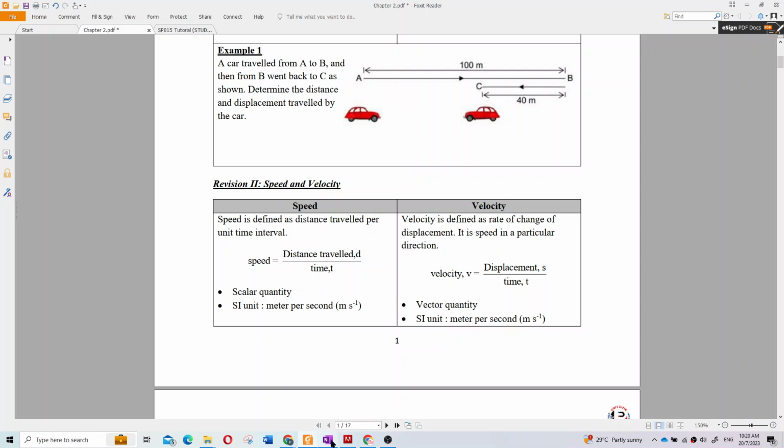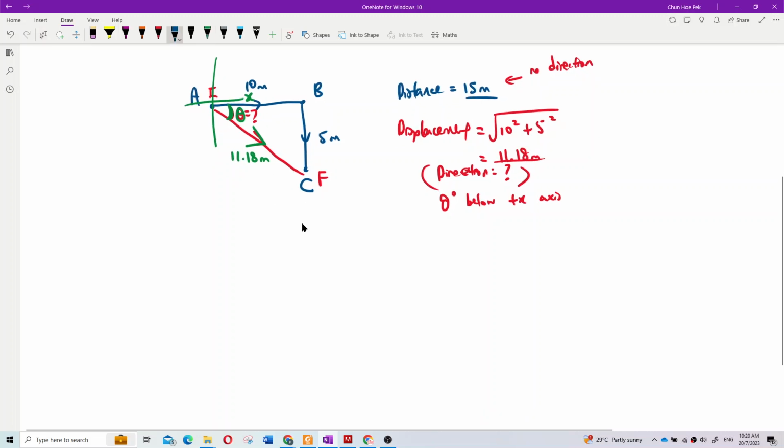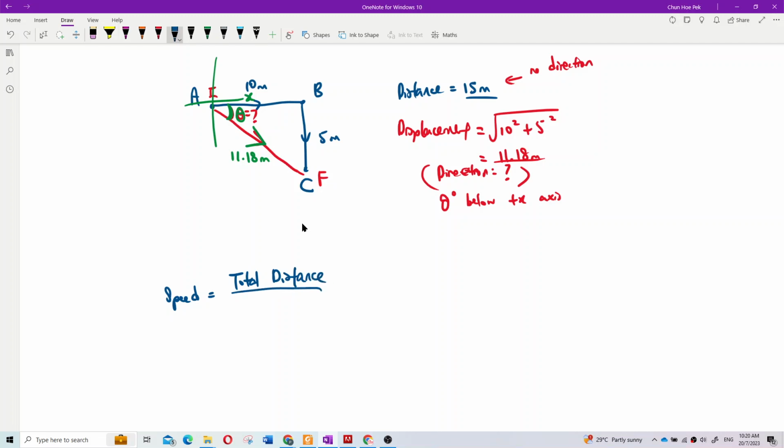So let me just write it over here. Speed is total distance over time taken, whereas velocity is total displacement over time taken.